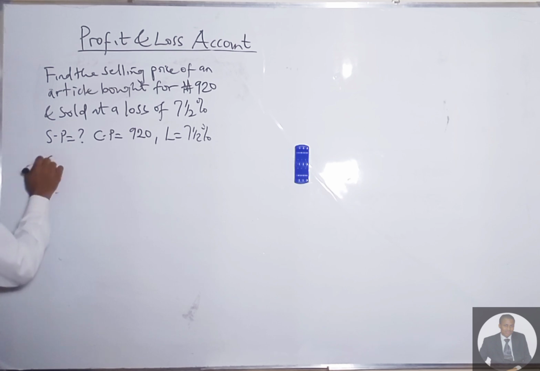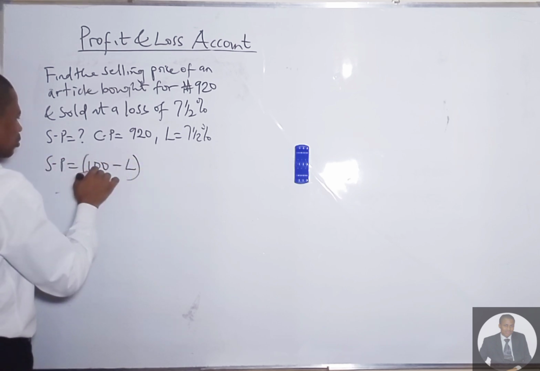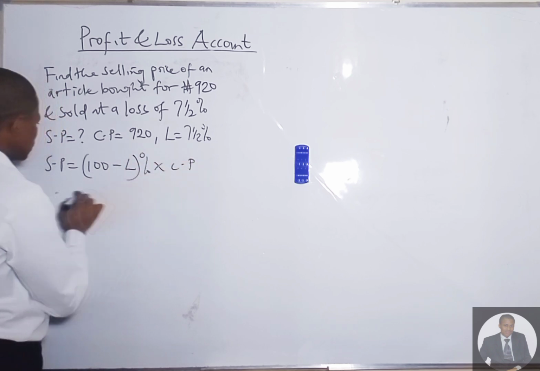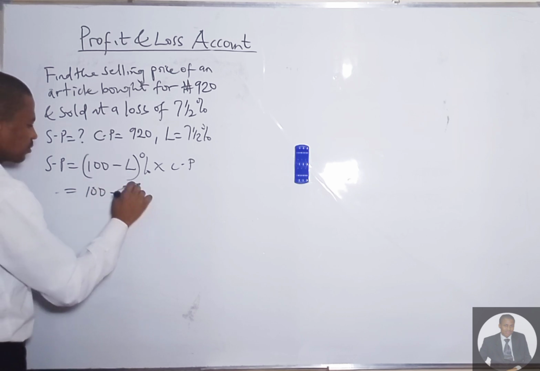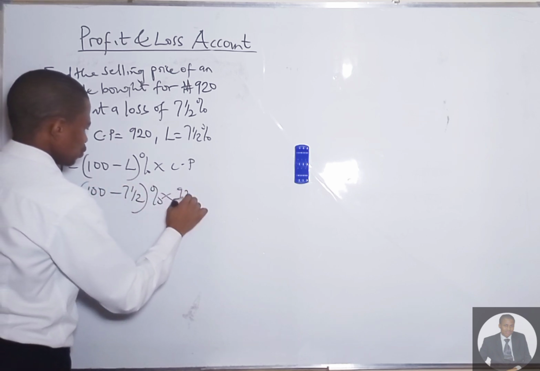We use our formula: selling price equals 100 minus loss, open and close brackets, percent, times the cost price. So 100 minus, what's the loss? 7.5, open and close bracket, percent, times 920.